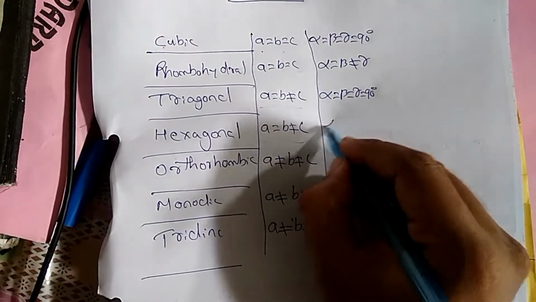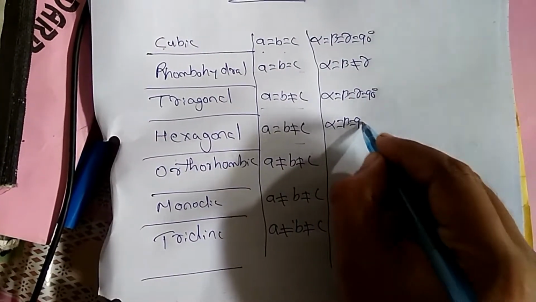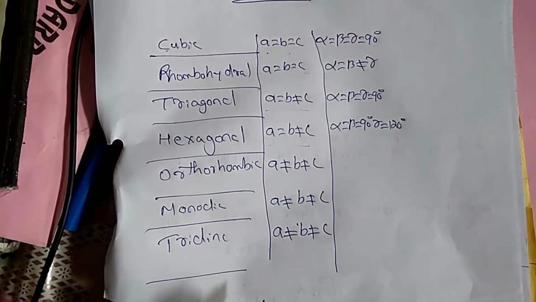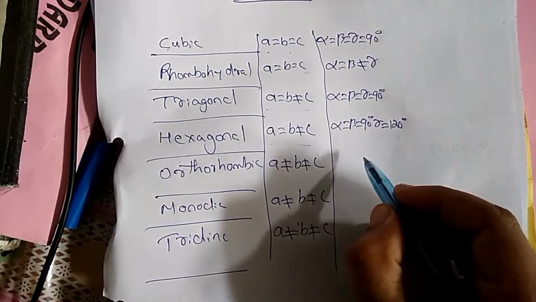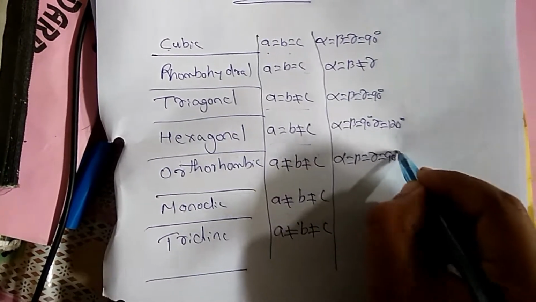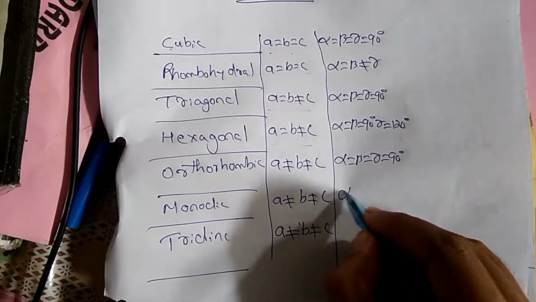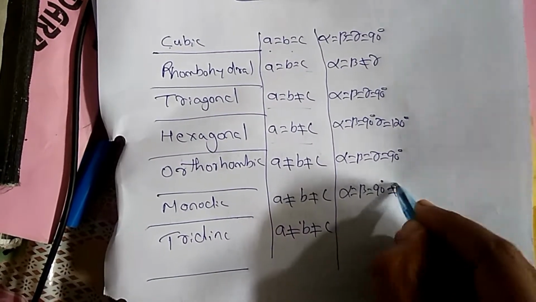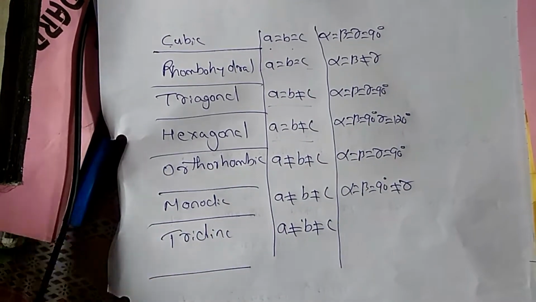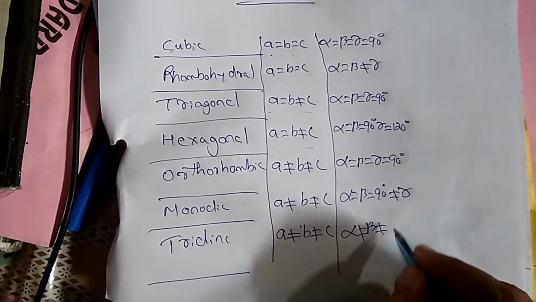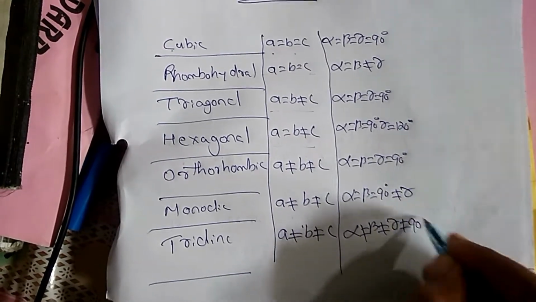But in hexagonal, alpha equal to beta equal to 90 degrees and gamma equal to 120 degrees. Orthorhombic has alpha equal to beta equal to gamma equal to 90 degrees. In monoclinic, alpha equal to gamma equal to 90 degrees, beta not equal to 90. Triclinic has alpha not equal to beta not equal to gamma not equal to 90 degrees.